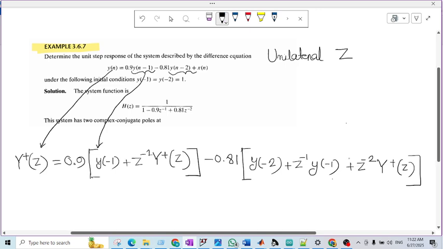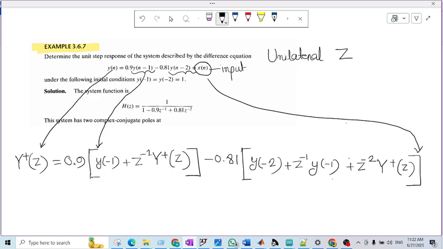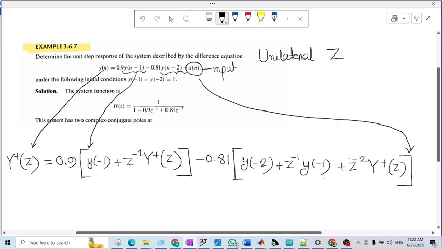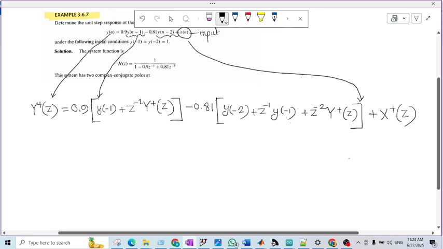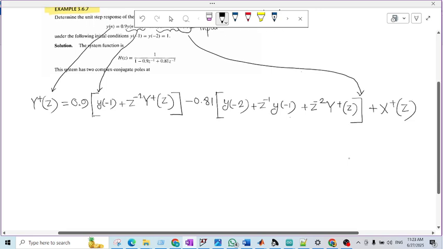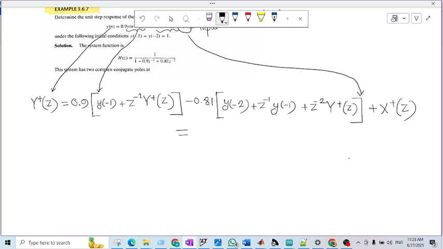Now you have an input here, x is the input. So if you transform this, you will simply get X plus (z). Okay, so now we have to rearrange this equation. Let's take all the Y to the left hand side.